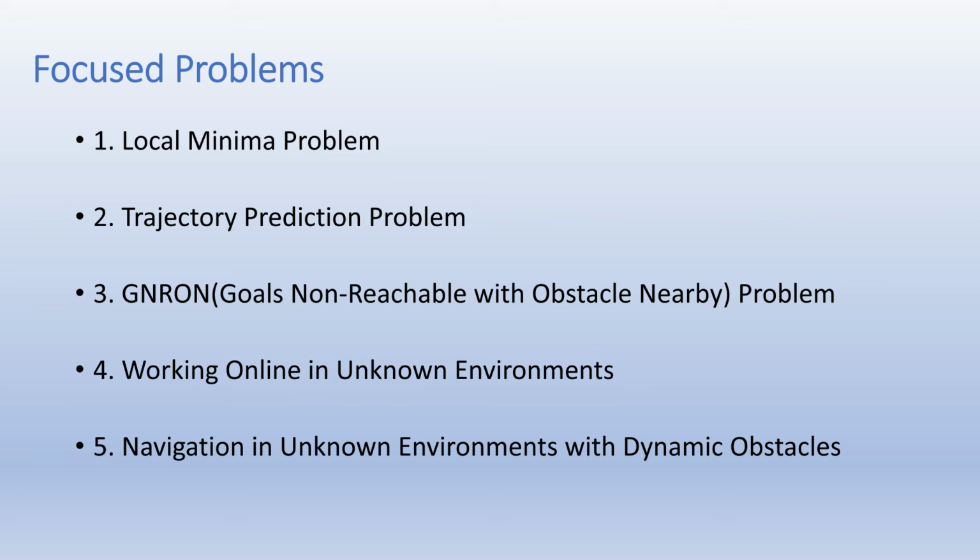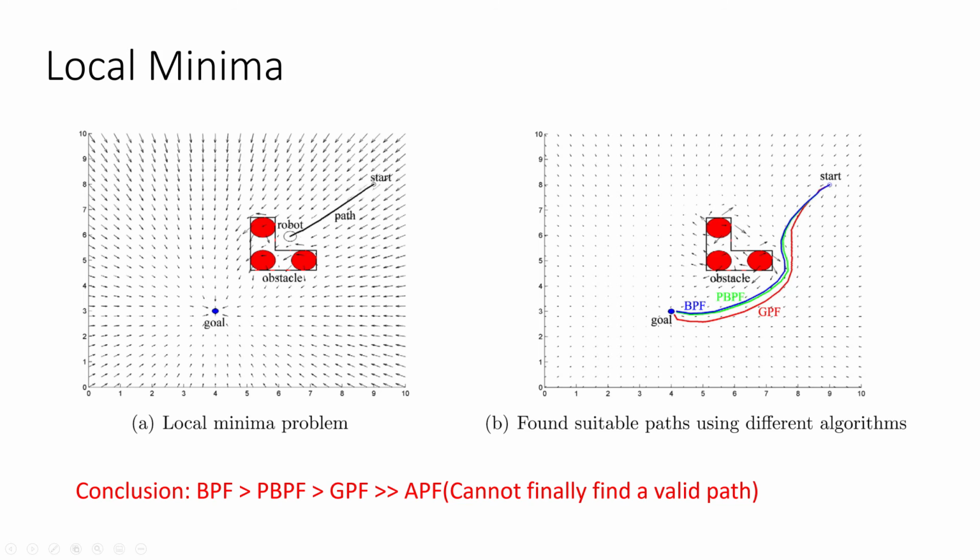The fourth problem is called working online in unknown environments, and I can say that the fourth and fifth problems are both about dynamic environments, and we can discuss them together later. And the first is the local minima problem.